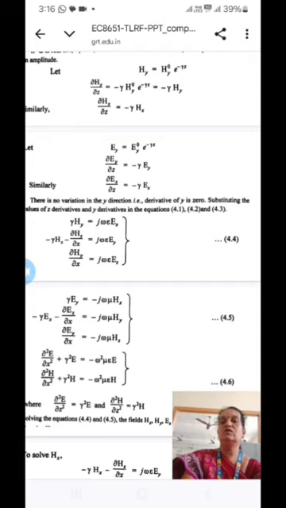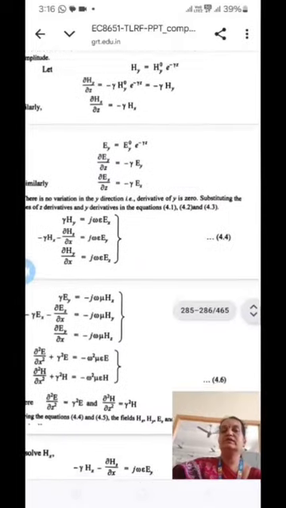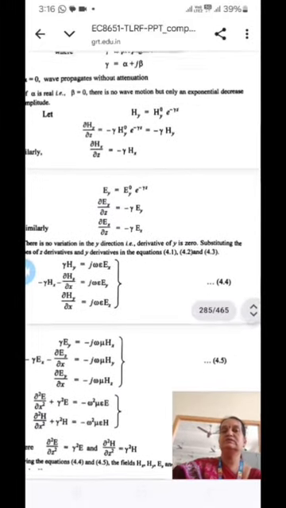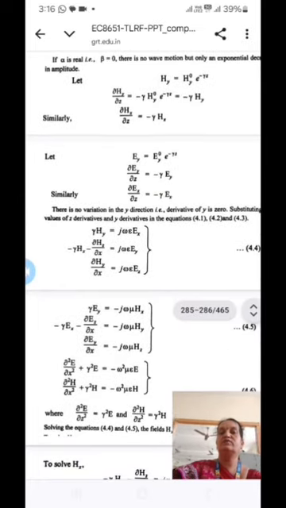So substituting all these in 4.1, 4.2, 4.3, we get the same set of equations in terms of gamma.